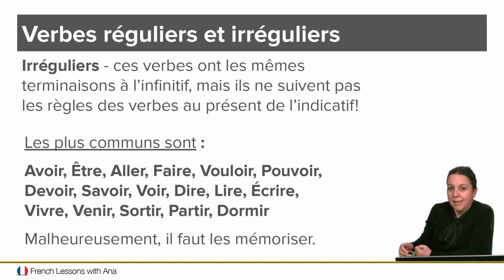That means they end in ER, RE, or IR. The problem is that they do not follow the rule once you start conjugating them. An ER verb in this case does not necessarily mean E, ES, E, ONS, EZ, ENT, and so on. It means that they are going to have their own set of endings.